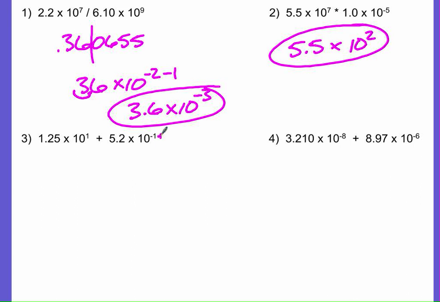So if I'm adding 2 to my negative 1 to make it a positive 1, I need to move my decimal 2 places to the left, which means I'm really adding 1.25 and 0.052 together. So you can go ahead and do that.